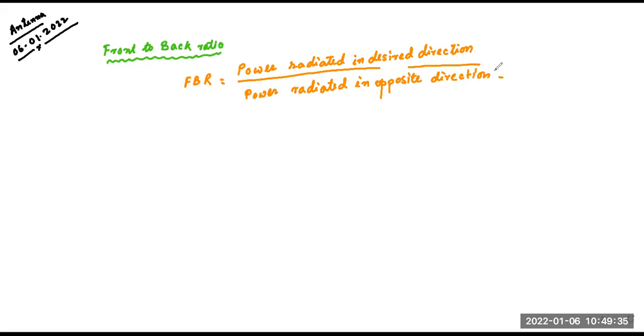Its value tends to decrease if the spacing between the elements of the antenna increases. So what happens is that its value gradually decreases when the gap between the antenna elements increases. The FBR depends upon the tuning conditions of the parasitic elements.